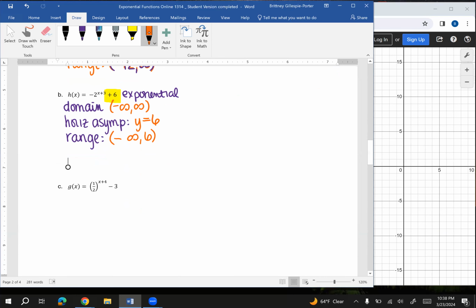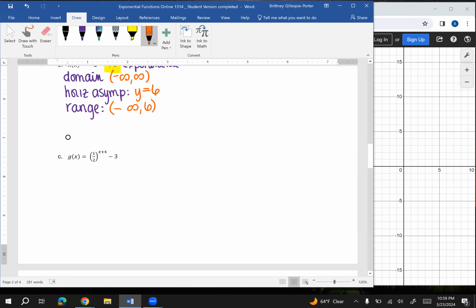Let's try our last one. Again, we have an exponential because our variable is in the exponent. And if we have an exponential function, we know that our domain is immediately all real numbers, negative infinity to positive infinity.